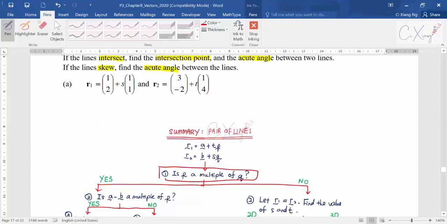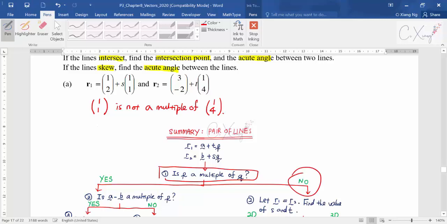So once you see this, you decide, okay, your P is (1, 1), Q is (1, 4). Is P a multiple of Q? So you can write out (1, 1) is not a multiple of (1, 4). Therefore, you go to this part, no.